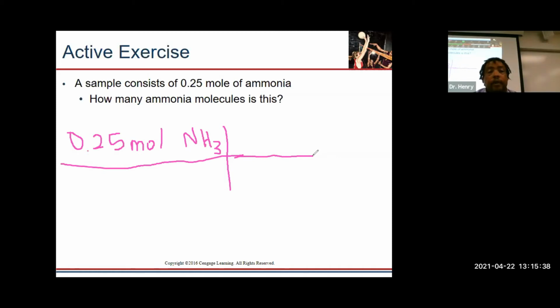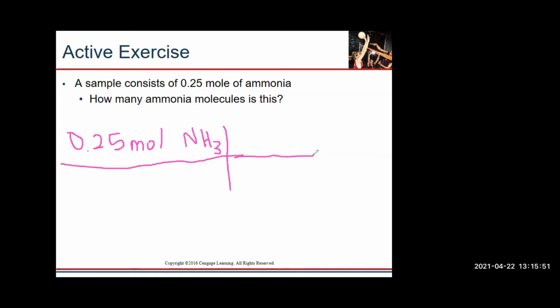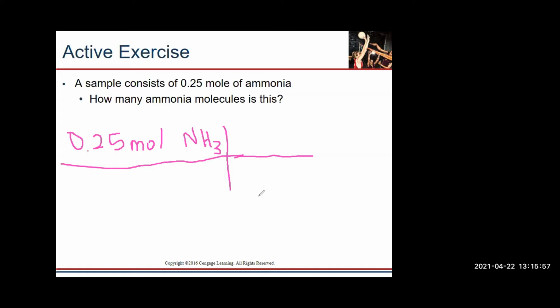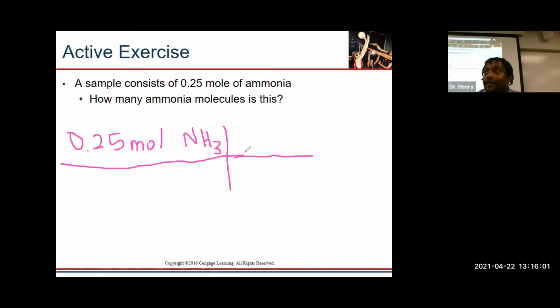And then how many molecules are in a mole? 6.022 times 10 to the 23rd. Okay. So if I want to get rid of the mole, am I going to put mole on the bottom, or am I going to put mole on top? Bottom. I was looking at something else, sorry.